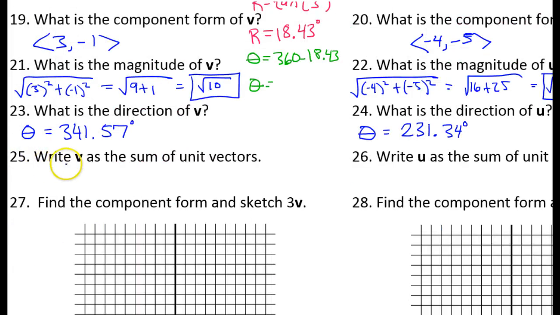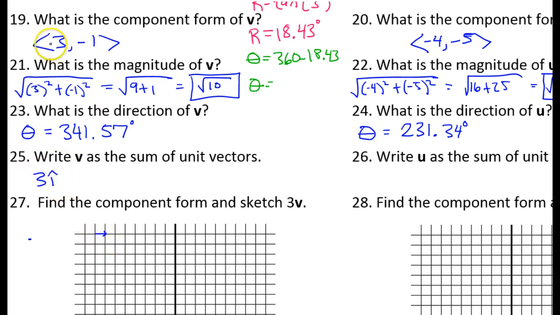All right, number 25, write vector v as the sum of unit vectors. Well, look at the component form, 3, negative 1. We're just going to rewrite this. Instead of writing an ordered pair for the vector, the horizontal component can be written as 3 times the unit vector i, which is a horizontal vector that has a length of 1.